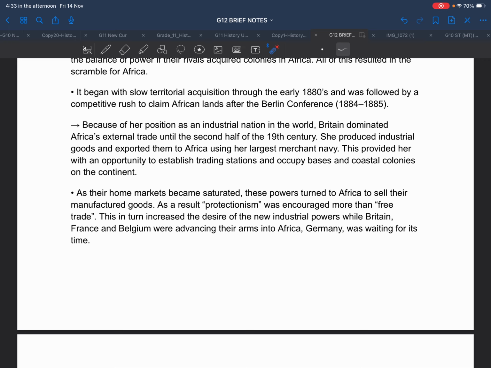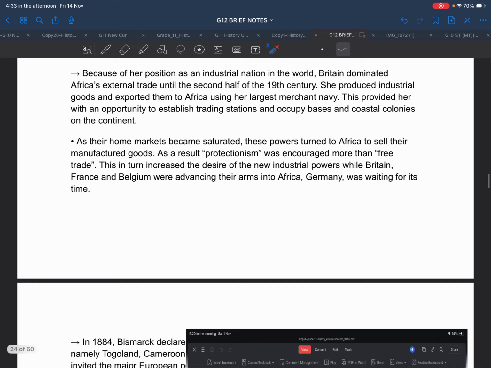Competitive rush meaning there was a sense of competition, a rivalry, and there was a rush, the interest to move into and encroach into the mainland of Africa because of her position as an industrial nation in the world.